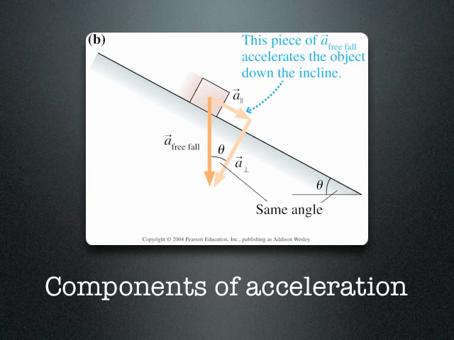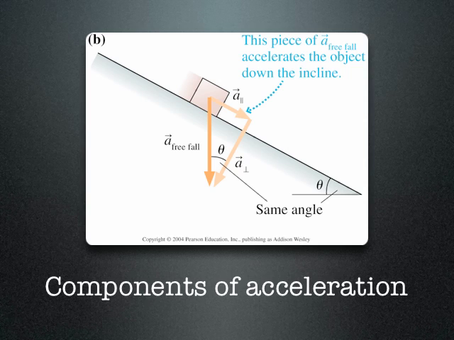For example, if we have an acceleration vector, well, if the acceleration is from gravity, or free fall, then gravity's acceleration has a component along the direction or parallel to the incline, down the ramp. How much is gravity accelerating the object parallel or down the ramp is a component of gravity's acceleration.